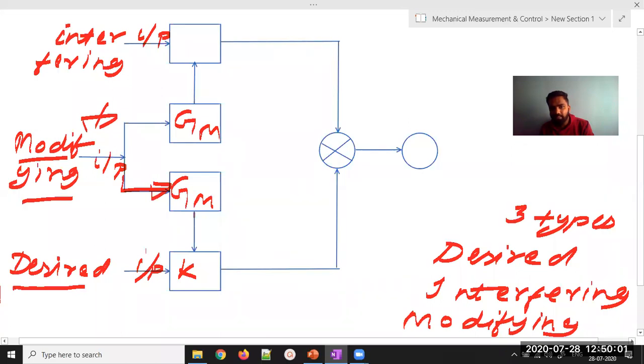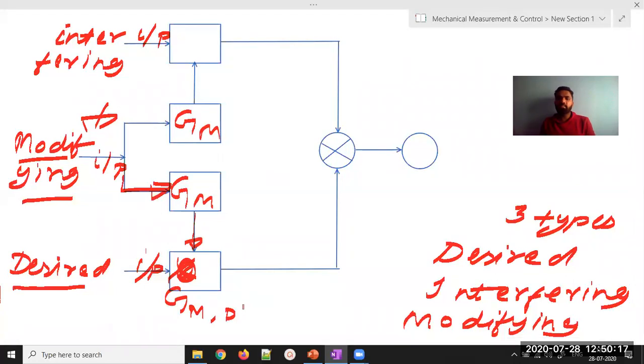Suppose my modifying signal goes to my desired input. It will change my K to G, and it will now be a function of modifying as well as desired. Modifying input has two functions.